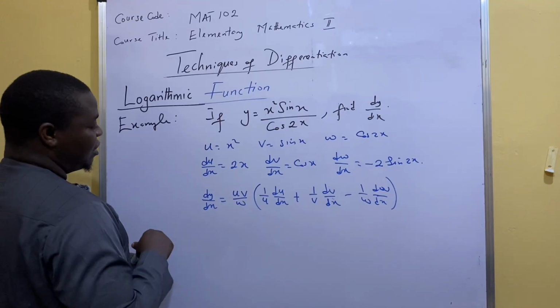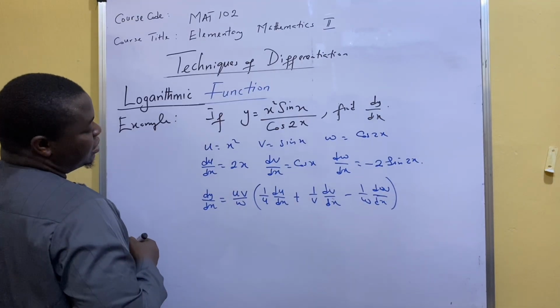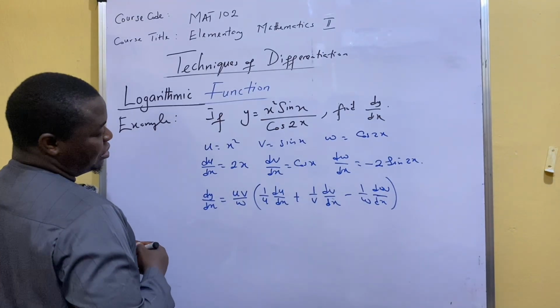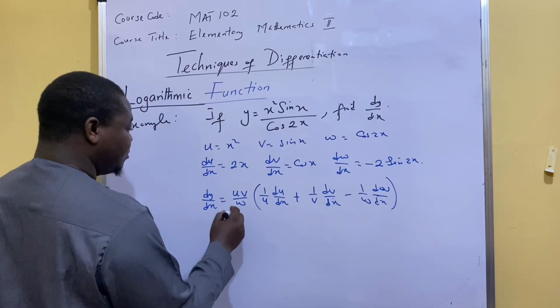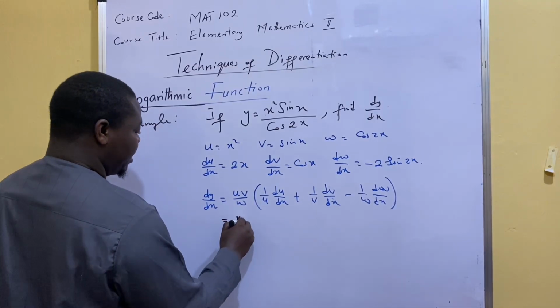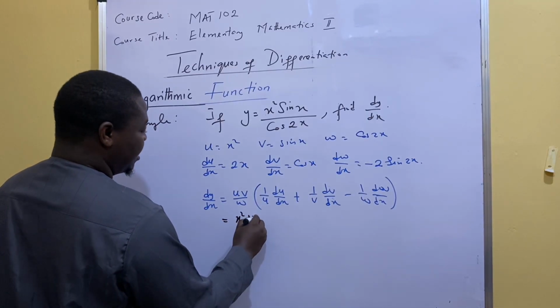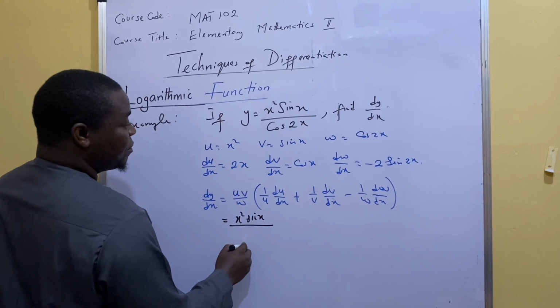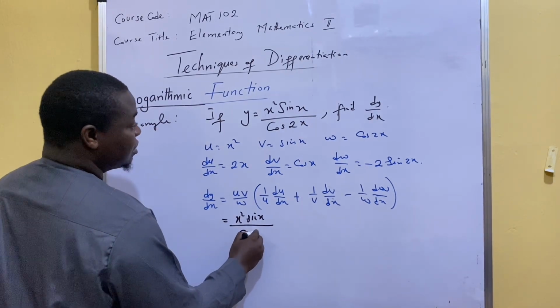To substitute the values, we're going to have u is x squared, v is sine x, w is cos 2x.